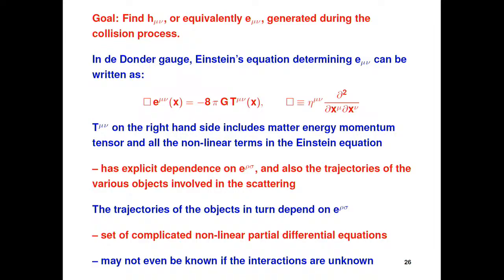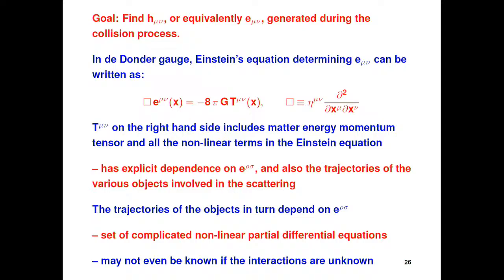Now, it turns out that in some particular gauge, the redundant gauge, the Einstein's equation that determines C mu nu can be written in this form, where box is the standard d'Alembertian in flat space time, which is given here. Now, this looks too simple, there is no nonlinearity that you see in this equation, and that is because everything has been hidden inside T mu nu.